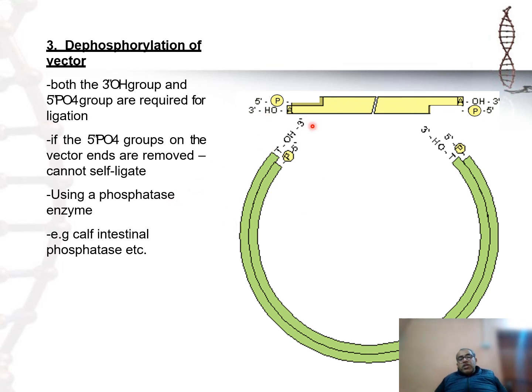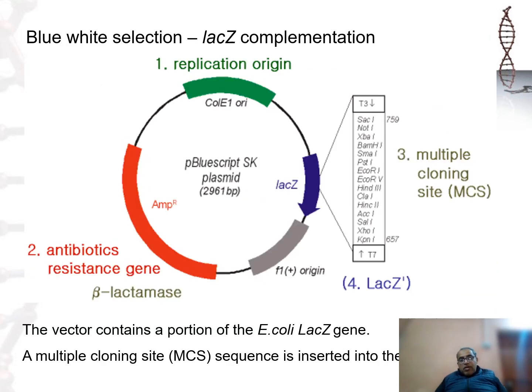So dephosphorylation will inhibit the auto-ligation, that is the self-ligation, of the plasmid DNA. If we dephosphorylate, that would inhibit the self-ligation.